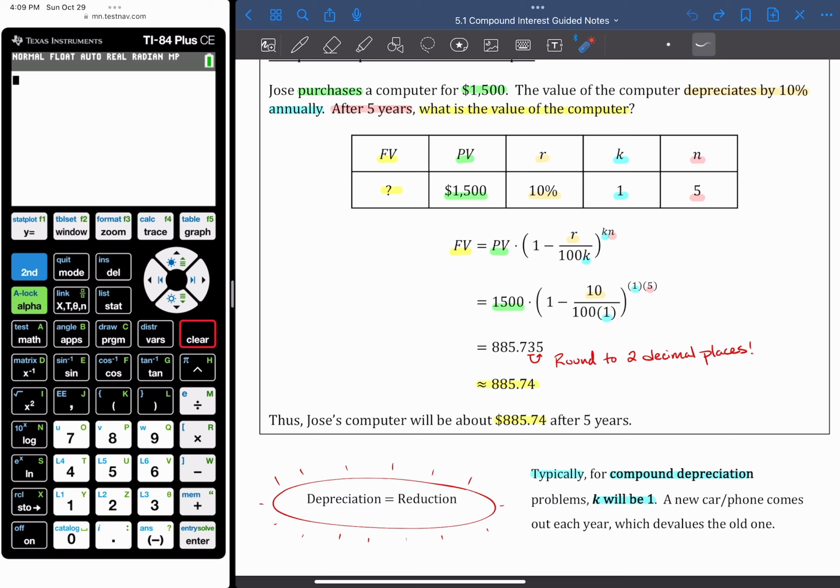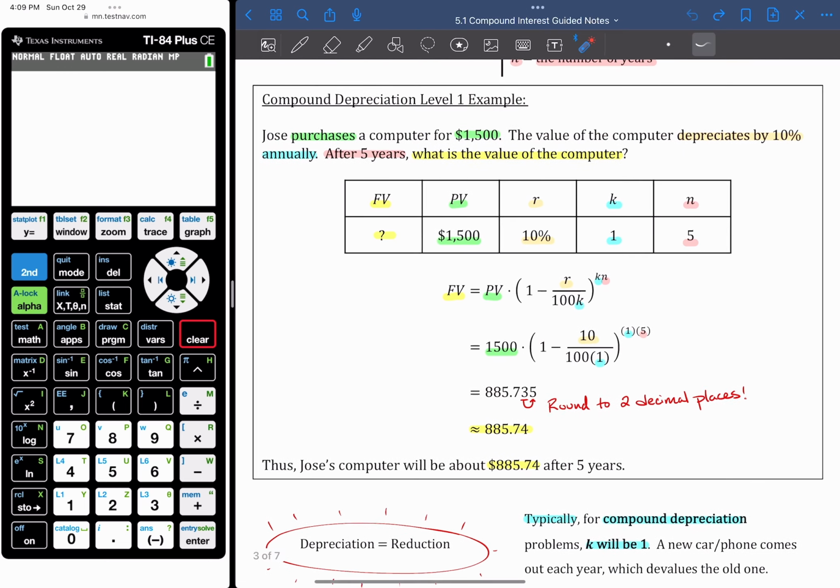So the old computers and equipment will decrease because we have a new one come out every year. So K is usually 1. If it doesn't specify, assume K is 1 for depreciation type questions. If it tells you what the rate of depreciation is, then go with that.